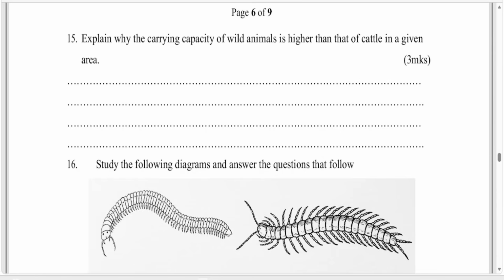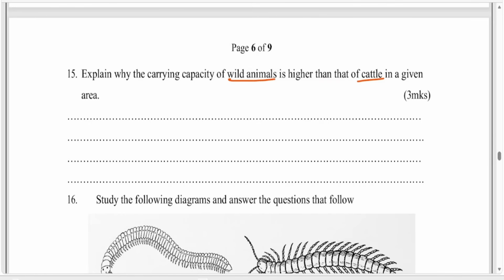So, why is it that very many wild animals are accommodated in a given area as compared to cattle? We need to understand that wild animals, most of them, are both browsers and grazers. So they are able to exploit such habitats with leaves and grass at the same time.